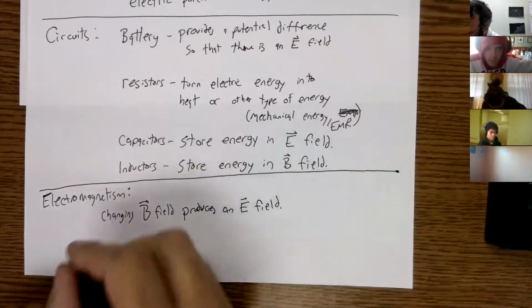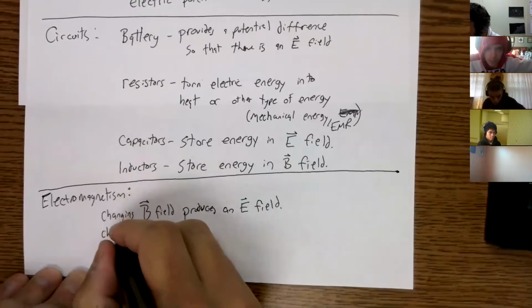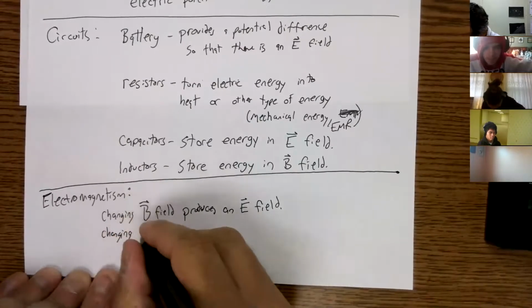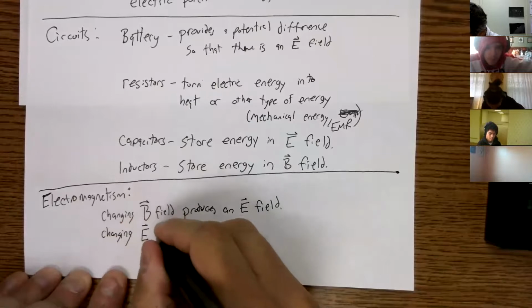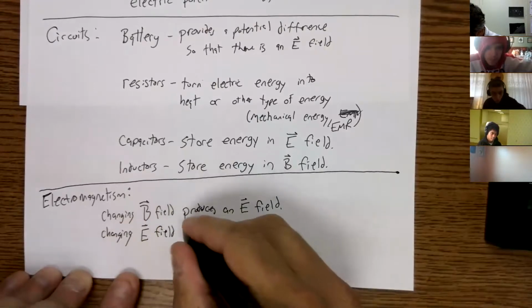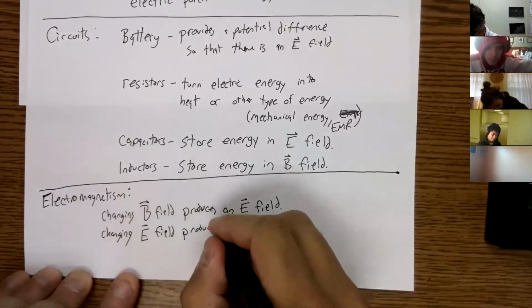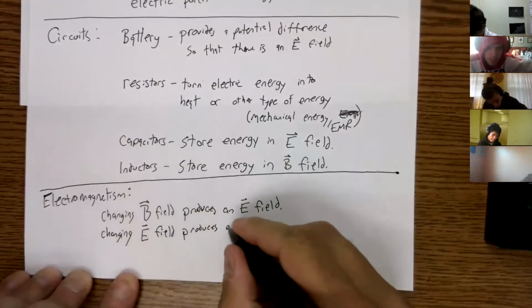And also, a changing E field produces a B field.